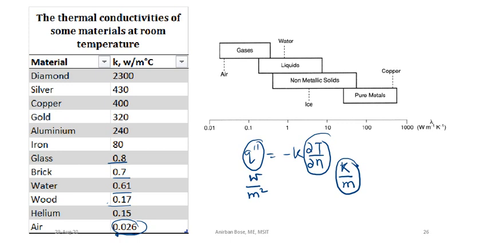So the unit of thermal conductivity is heat flux divided by temperature gradient. So remember, it is watt per meter Kelvin or watt per meter degree centigrade. This is the unit of thermal conductivity, and all the values we have discussed are in that unit.